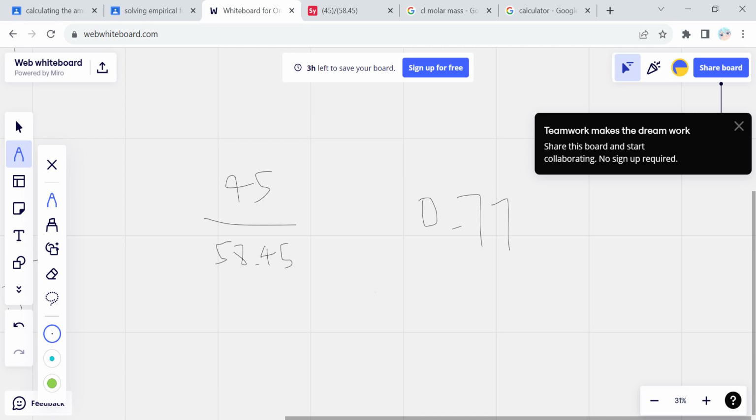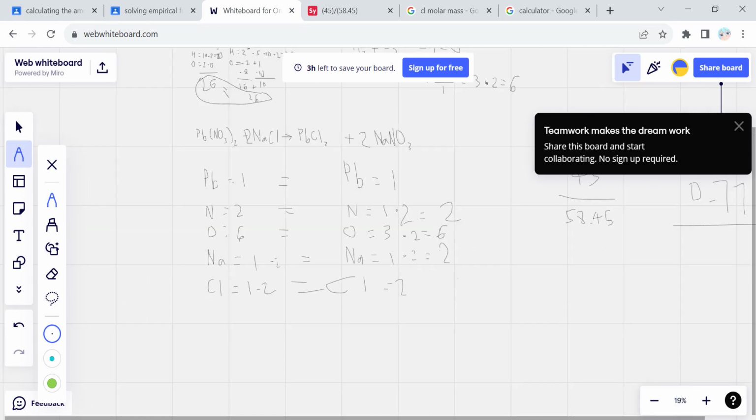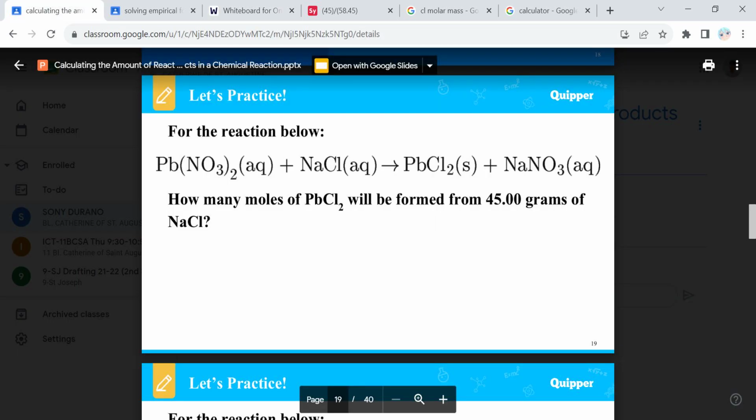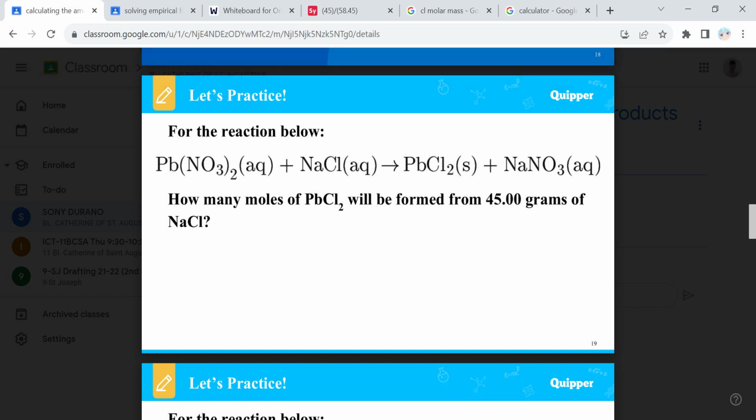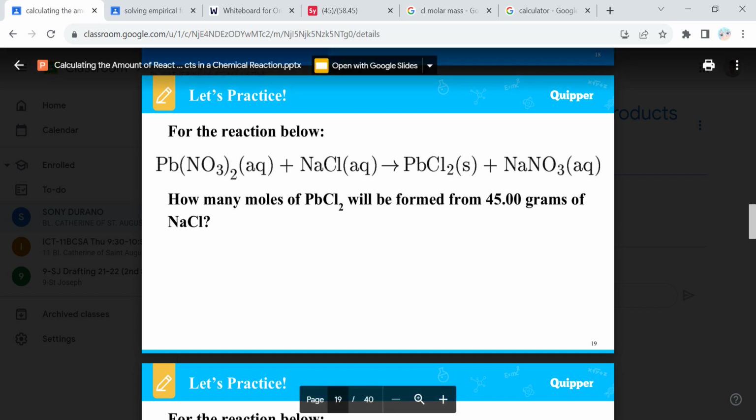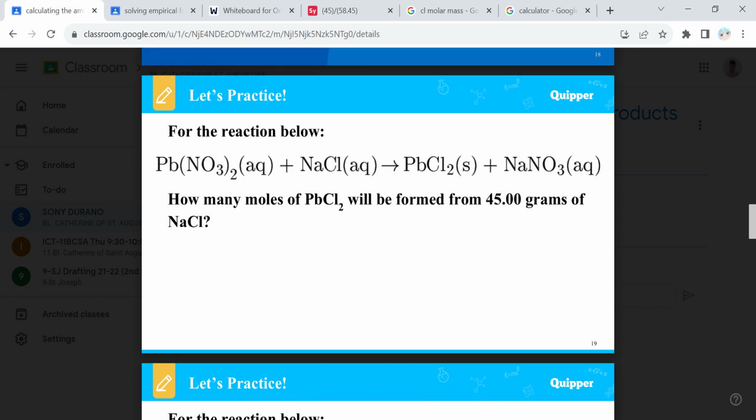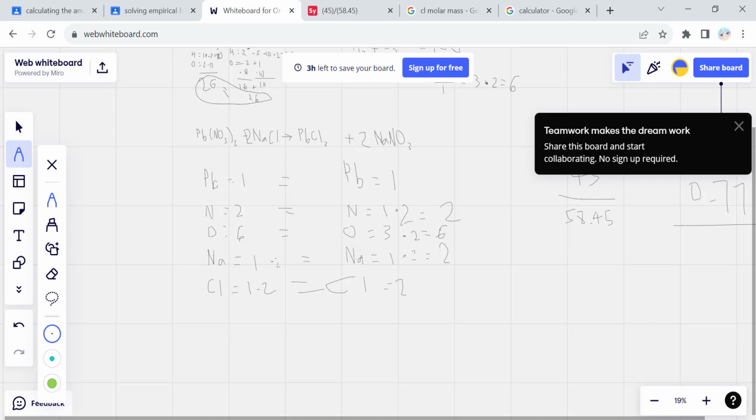So now, this is our mole. This is not the answer, but that is our mole for our NaCl. So now, how many moles of PbCl2 will be formed from 45 grams of NaCl, or from 0.77 moles of NaCl?